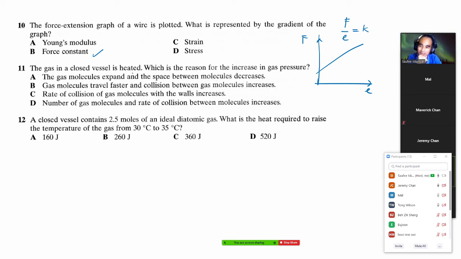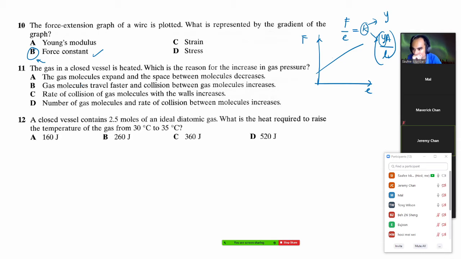You cannot say K is Young modulus. K is equal to Young modulus times A divided by L. K is not Young modulus. So answer is B.